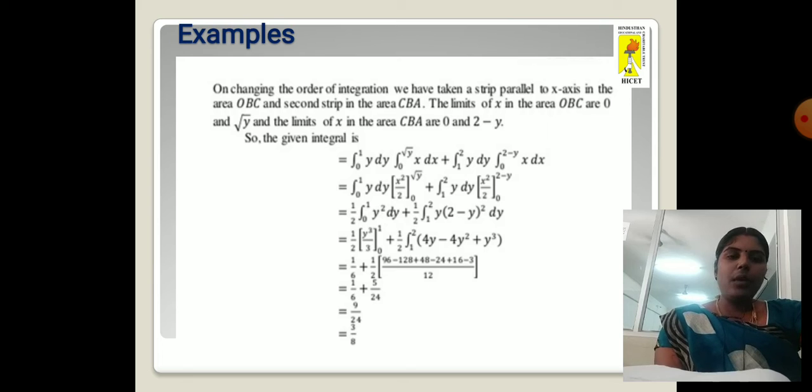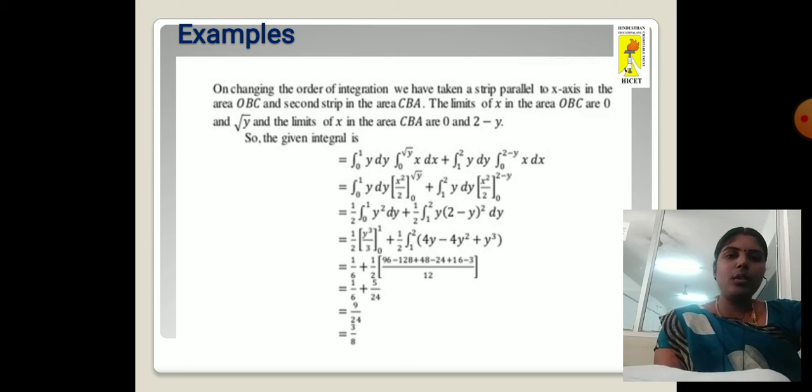So, the y term is common for both terms. Therefore, first we integrate the inner integral, with respect to x. So, integral 0 to 1 of y dy times x square by 2, applying the limit 0 to root y, plus integral 1 to 2 of y dy times x square by 2, from 0 to 2 minus y.